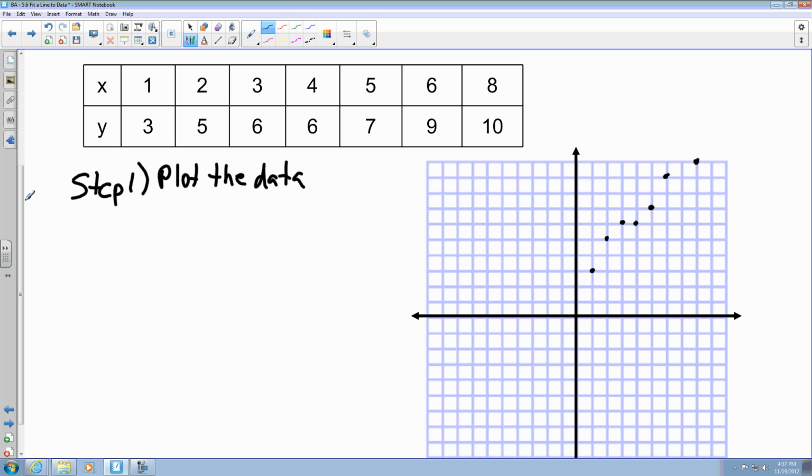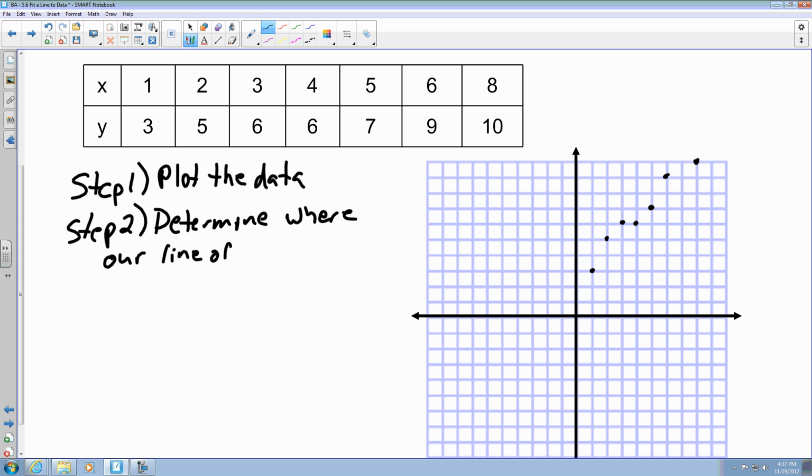I have plotted the data that was given for the example. Step 2 is we must determine where our line of fit goes. Like I said earlier, I want to have just as many points of data on top of my line of fit as below.